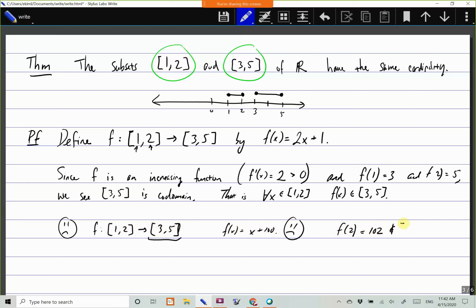This is not in [3, 5]. So it's a quick argument that uses just a slight bit of calculus, but I hope you're convinced that if using the smallest possible input, you get an output of 3, using the largest possible input, which is a 2, you get an output of 5, and your function's always increasing, then all your outputs are always stuck between 3 and 5.